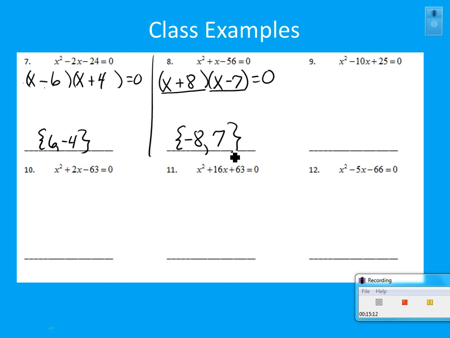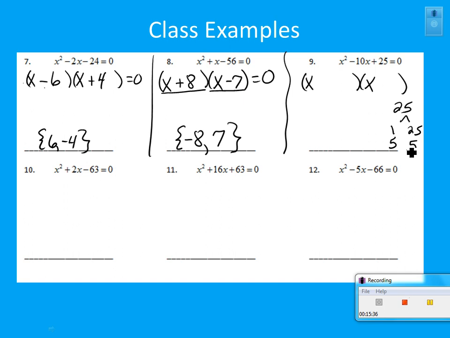Here's your number 9. X squared minus 10x plus 25 equals 0. Well, to get that x squared, parenthesis, parenthesis, x, x. I need two numbers that multiply to be 25. My choices, 1 times 25 and 5 times 5.